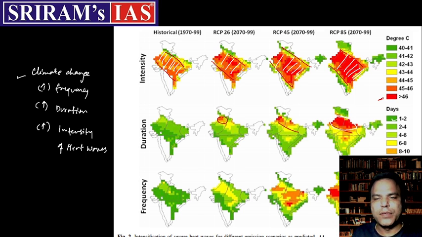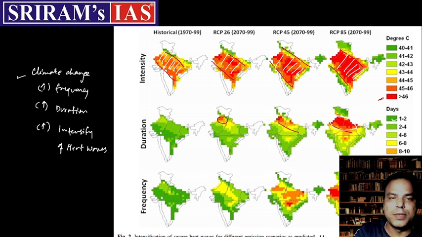But if we see the frequency, the occurrence of heat wave incidents in every pre-monsoon summer season is increasing. Earlier it was very low, only 1 or 2 days, then it became 2 to 3. Now it is 5 to 6 times that heat waves are affecting the area. That has become problematic.